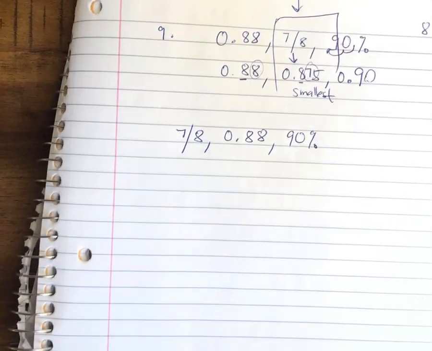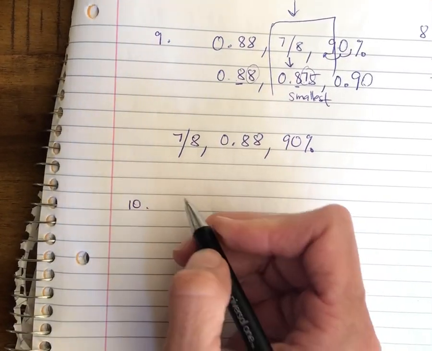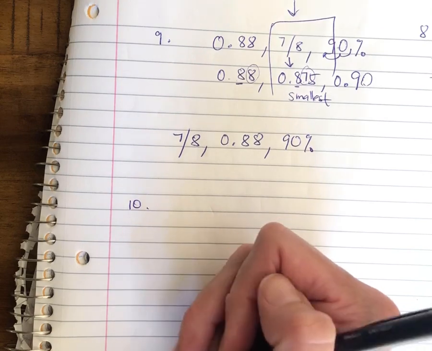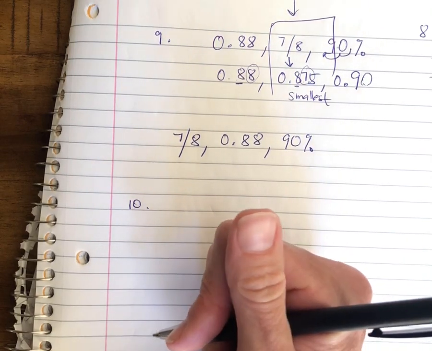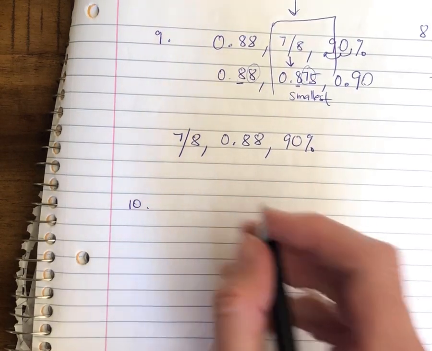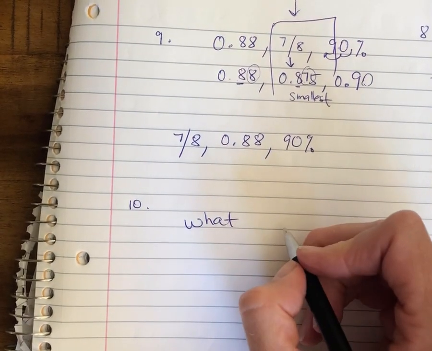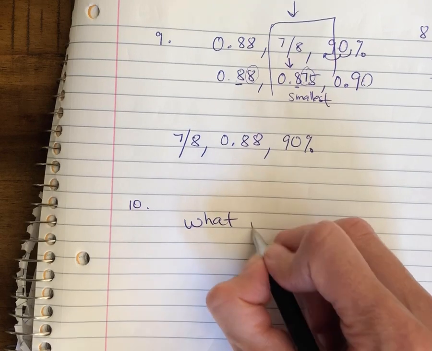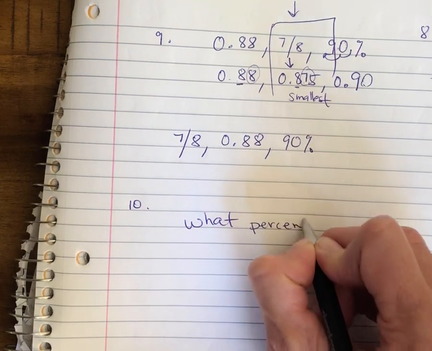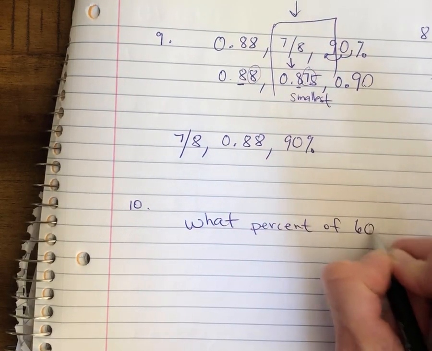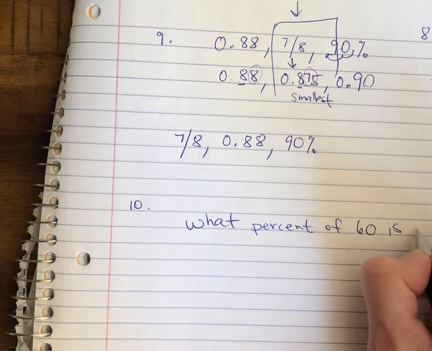All right, number 10. Number 10 specifies that we need to write and solve a proportion to answer the question. So I'm gonna start by writing the question. What percent of 60 is 18?